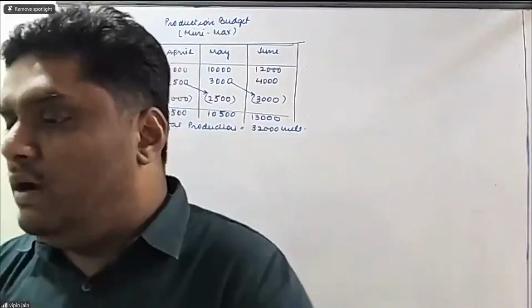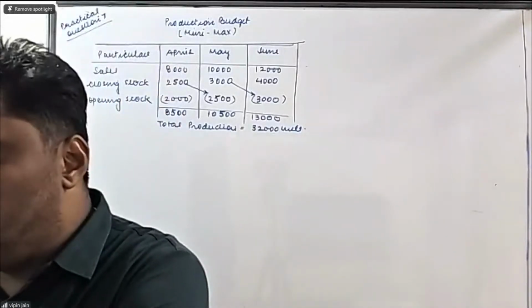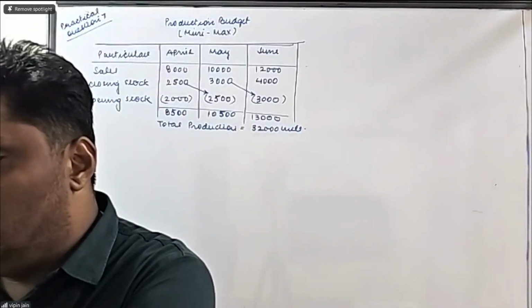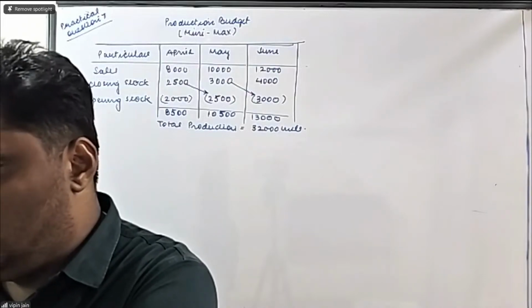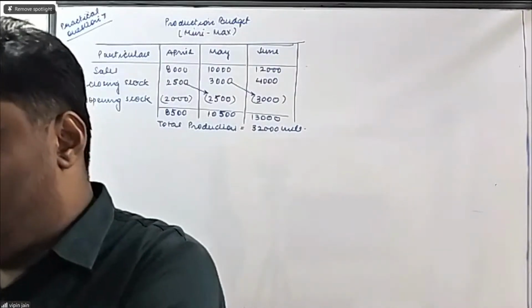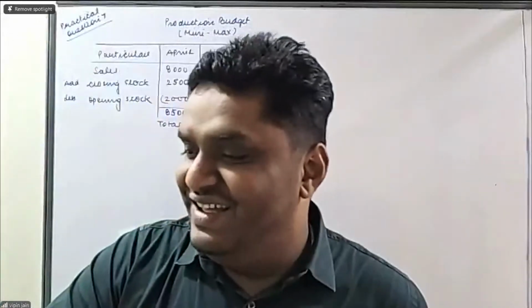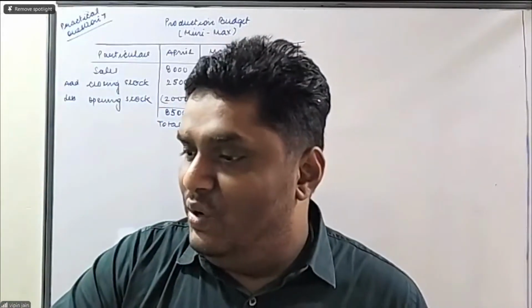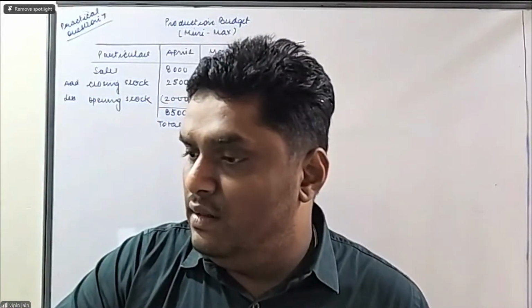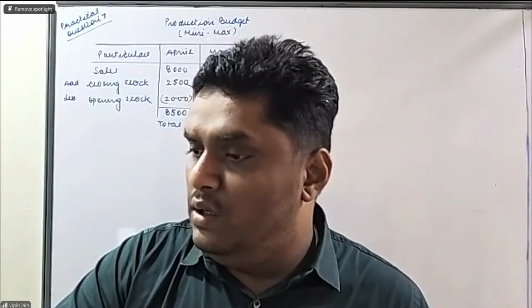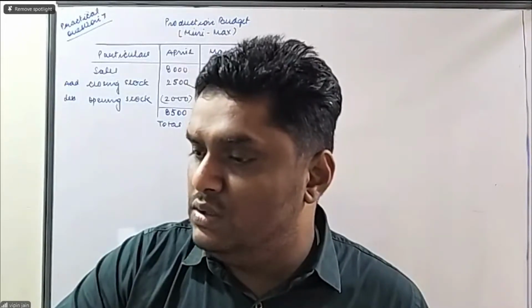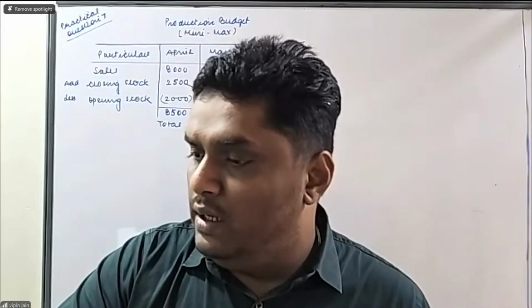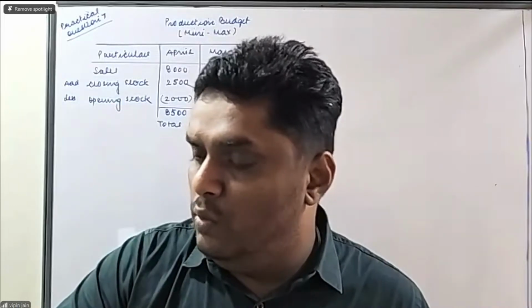If you have any doubts in this part, please post your queries. Okay, so one second. Mahi asks how 2,000 is calculated, how did you get the closing stock value? Sarthak asks how to calculate the opening stock of April.